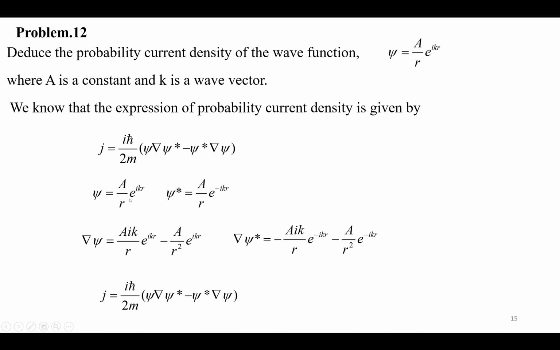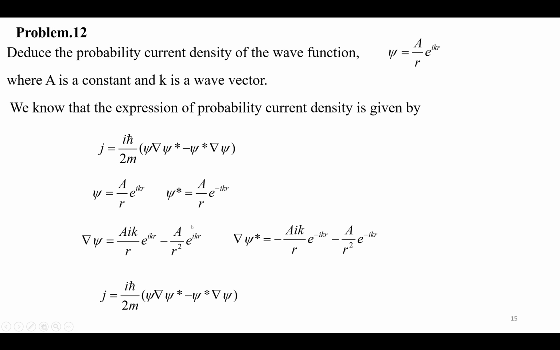Here A by r is there, and here e power ikr, so two r's are here. We keep one r as constant and differentiate the other, plus differentiate the other keeping the first as constant. Keeping e power ikr as constant, differentiating A by r gives minus A by r squared. Keeping A by r as constant, differentiating e power ikr gives ik e power ikr.